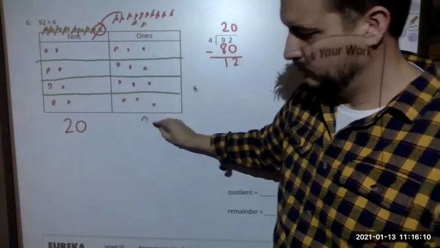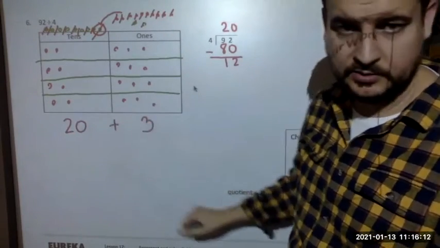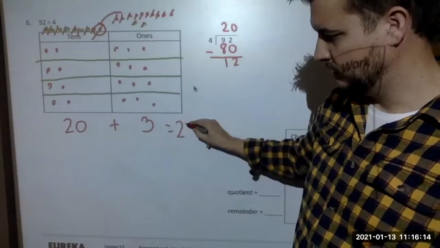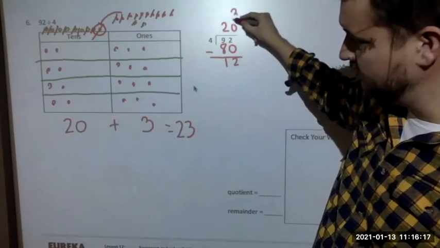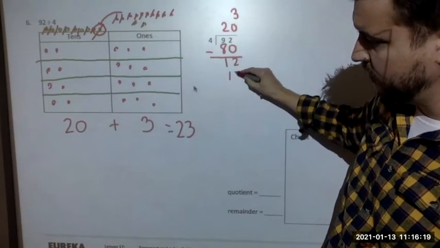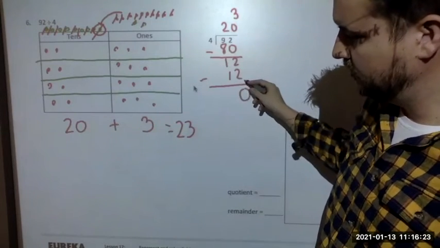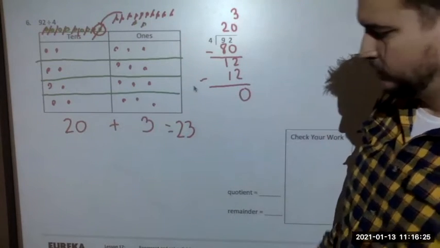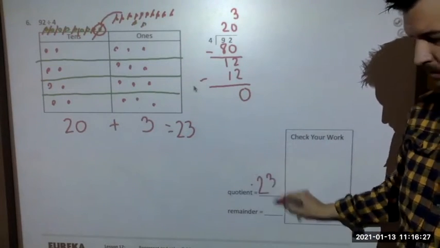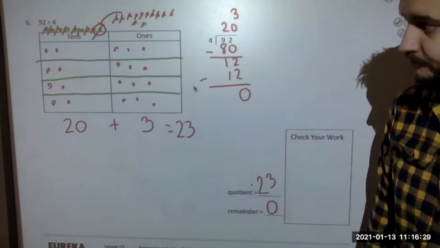There's 3 in one group. 20 plus 3 equals 23. So I'm going to put my 3 up here. 4 times 3 equals 12. I subtract, I get 0. 4 can go into 12 3 times. My quotient is 23. My remainder is 0.